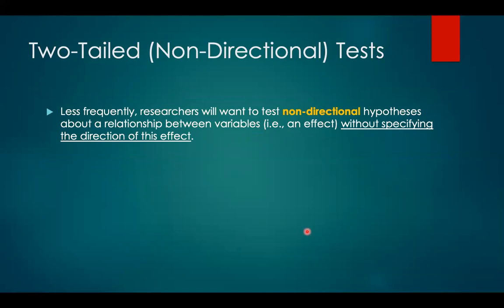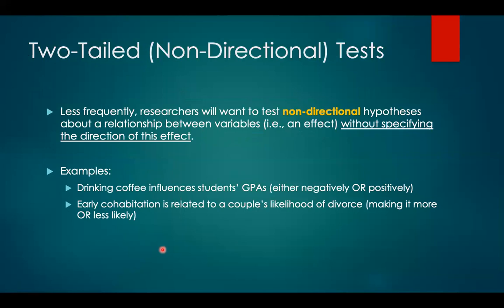Now, less frequently, researchers will want to test non-directional hypotheses about a relationship between variables, or an effect, without specifying the direction of this effect. So examples of this could be drinking coffee influences students' GPA.